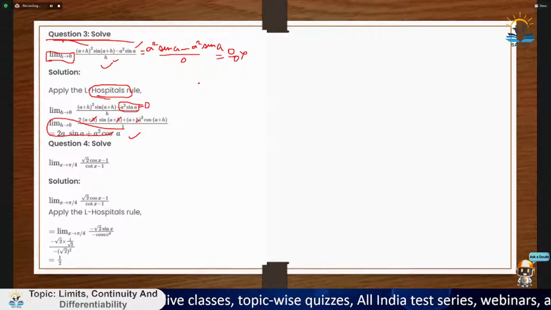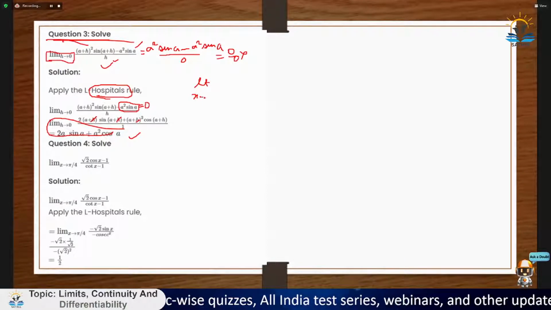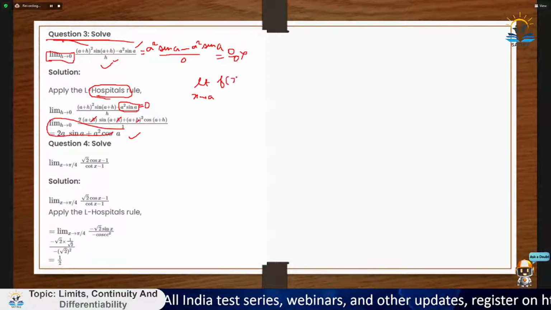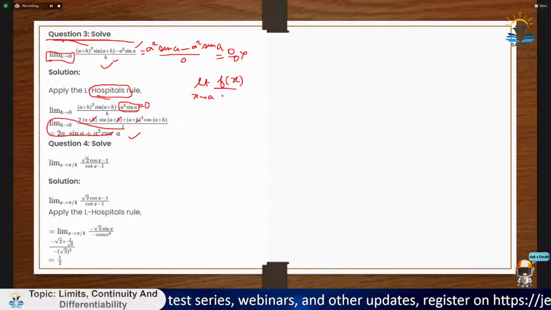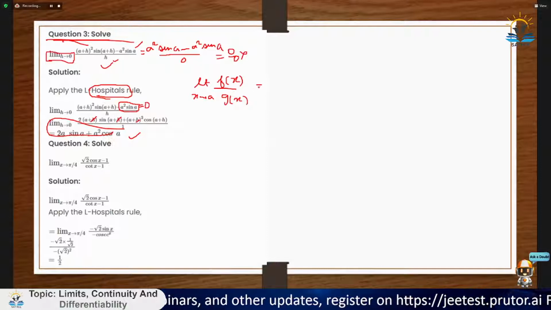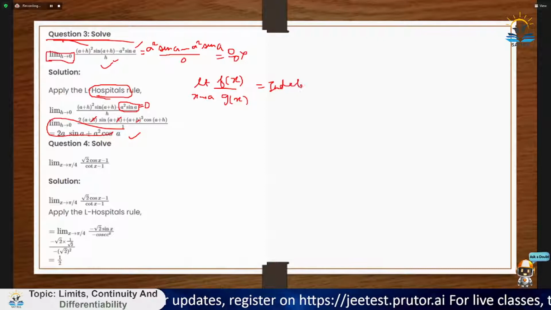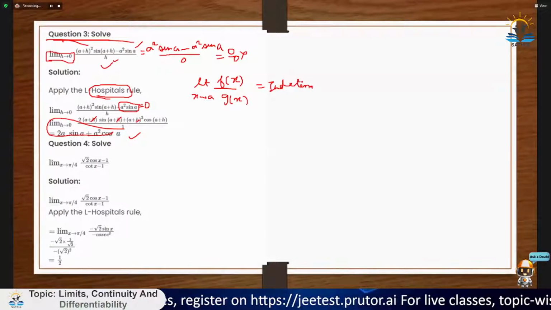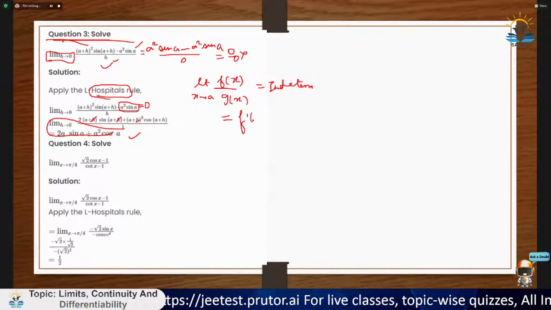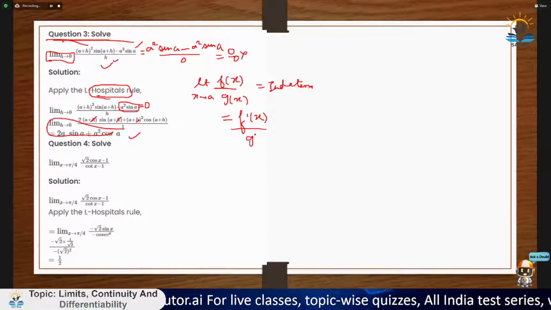Simply applying L'Hopital rule. It is something like: limit of x tending to some value of f(x) upon g(x). If this is indeterminate, then this is equal to f dash x upon g dash x.